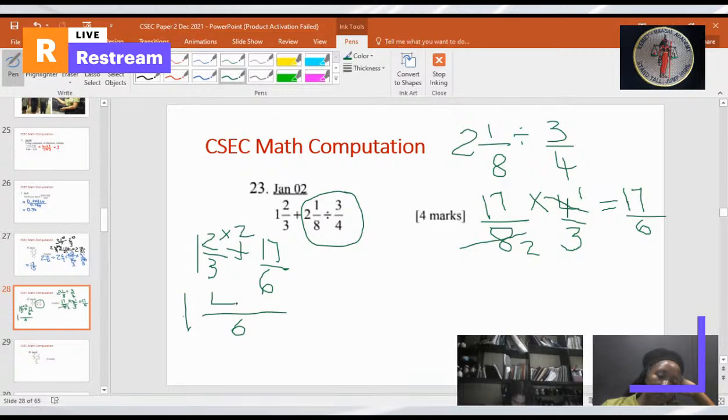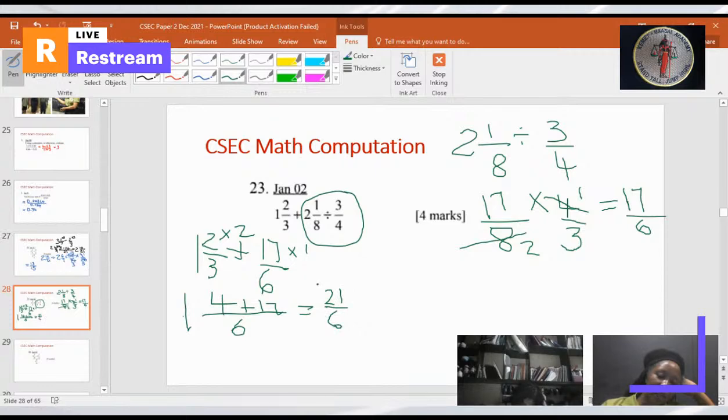And plus, 6 into itself goes 1 time, so 17 times 1 is 17. So it will be 21 over 6, miss.